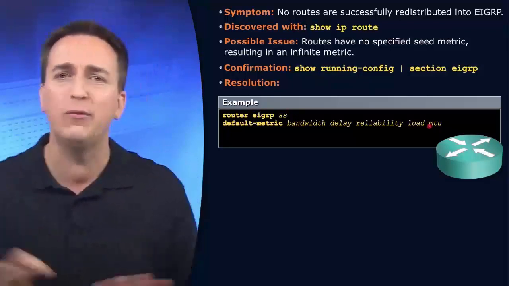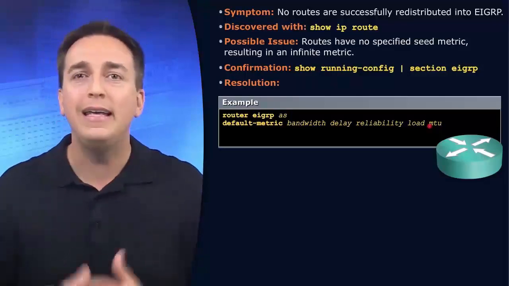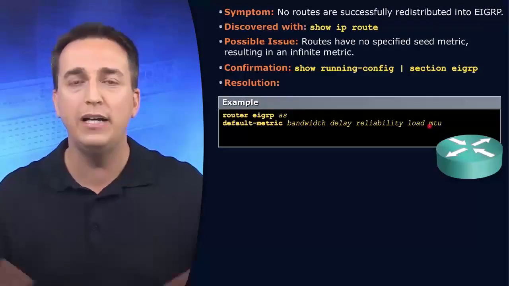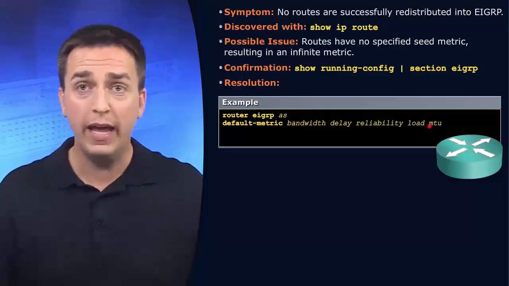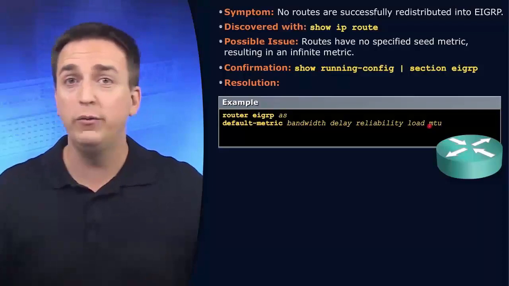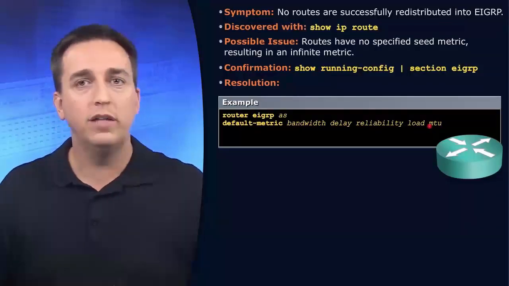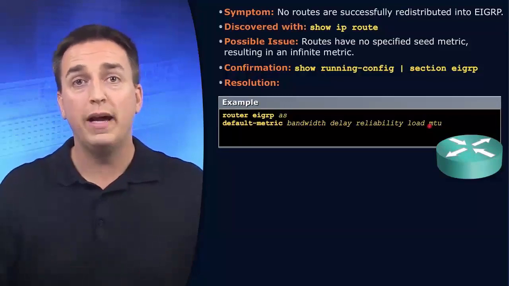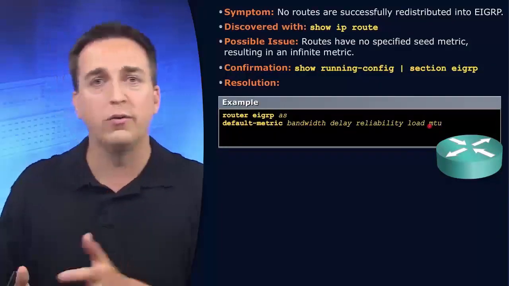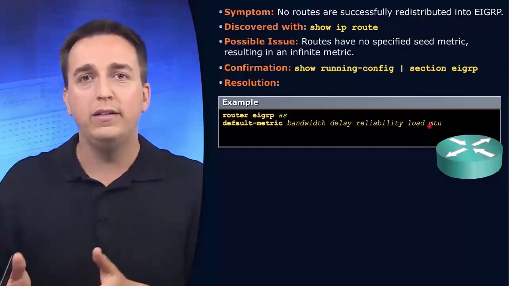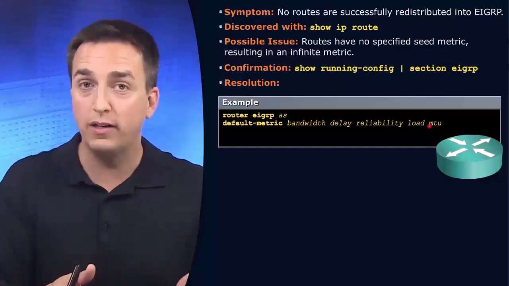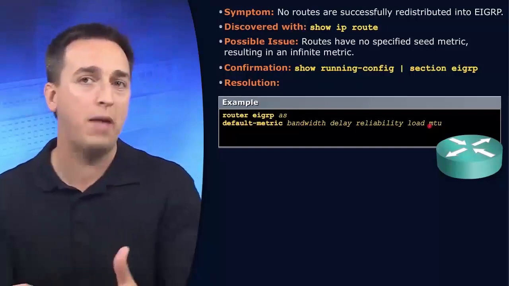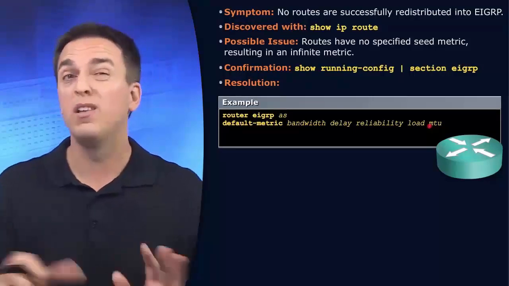So if you're troubleshooting anything related to maybe suboptimal EIGRP routing, when you have multiple exit points out of the EIGRP autonomous system and traffic's not doing what you're expecting it to do, double check to see what the values have been set on each of those routers, because you might have a bad metric set under a route map when you were expecting the metric that was configured under the redistribute command to apply. Well, it's not going to apply because there's a route map attached as well. So that might be the reason there.